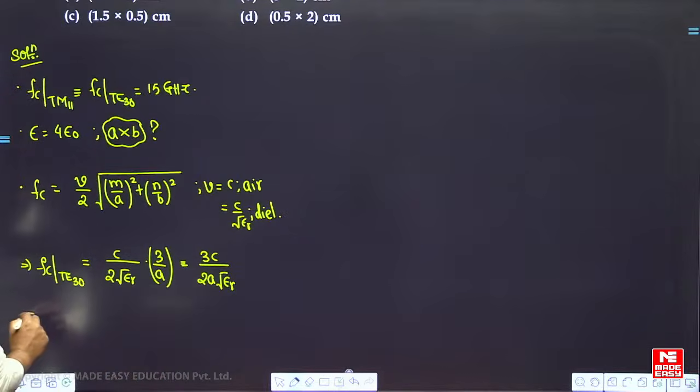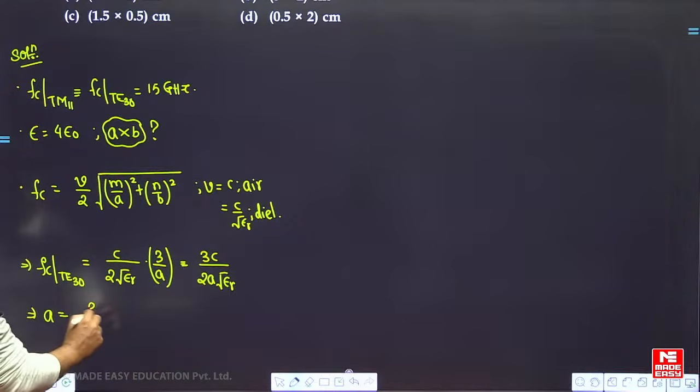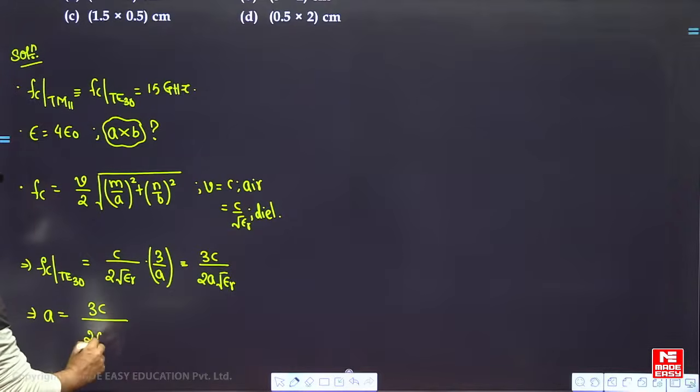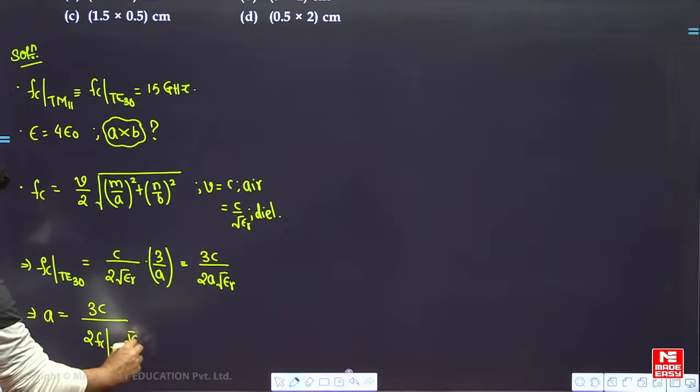So A is equal to 3C upon 2 times the cutoff frequency of TE30 into root under epsilon R.